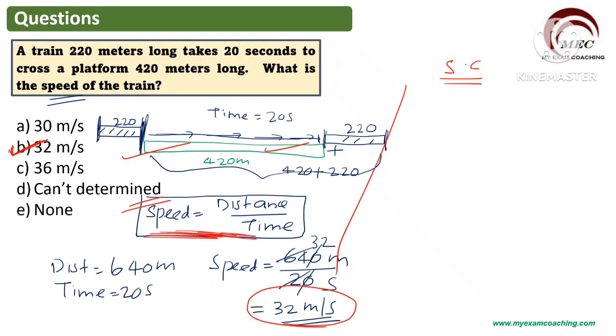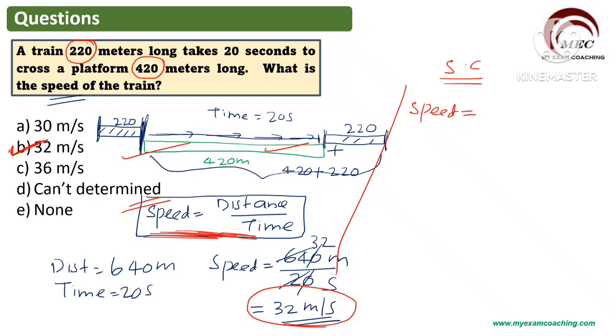Now, whenever you have a question like this, speed we have to find out. Speed is equal to distance. Distance will be the total of the length of the train and the length of the platform. Understand this concept very clearly. Distance will be equal to the length of the train plus the length of the platform.